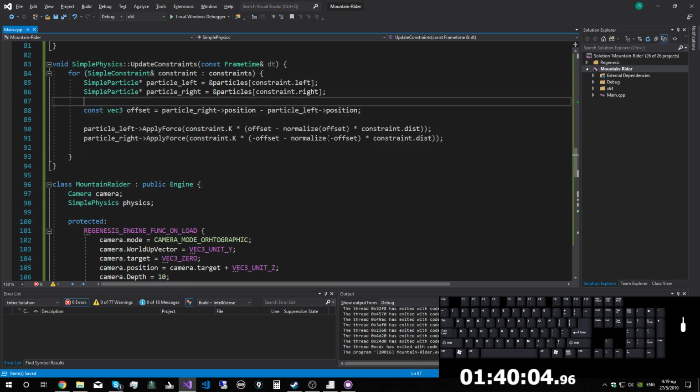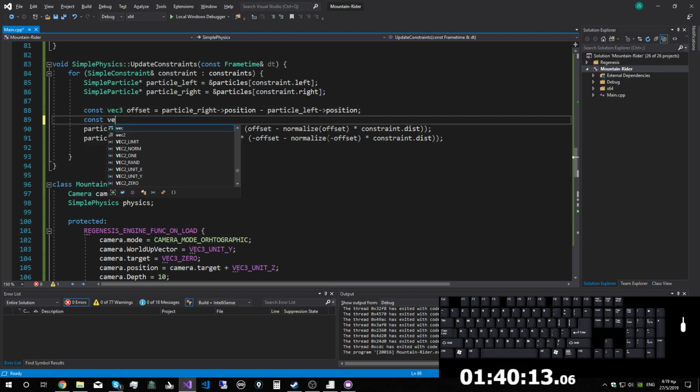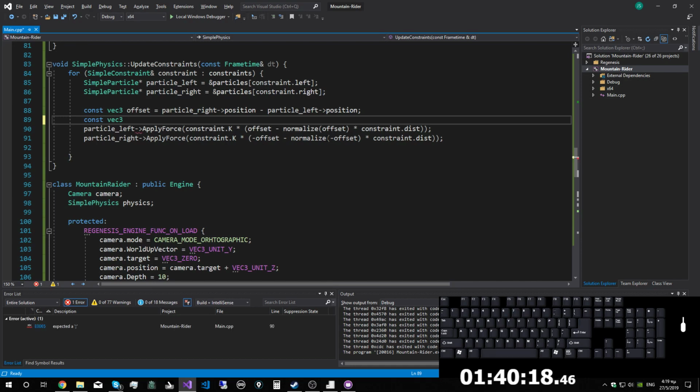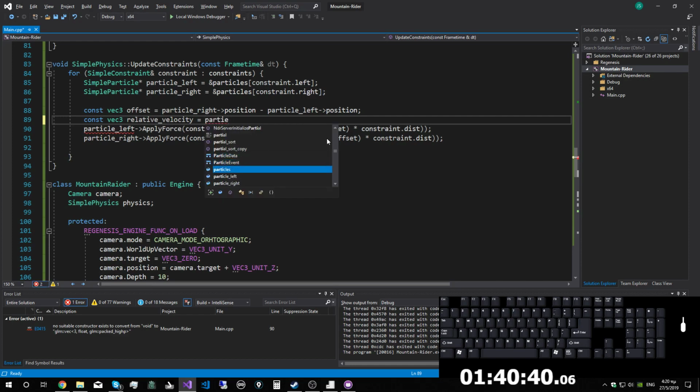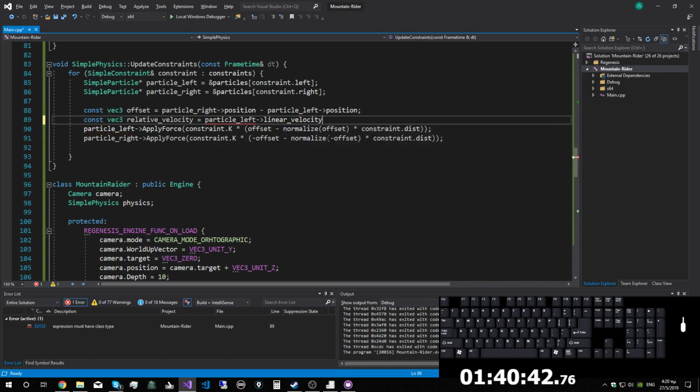Now for the damping function, the relative velocity is particle left linear velocity.